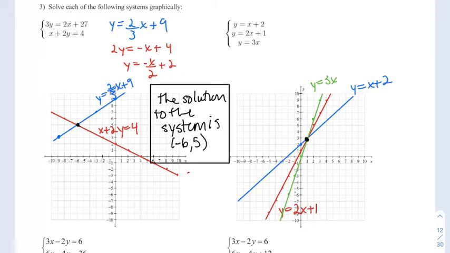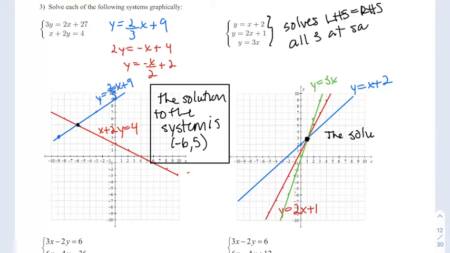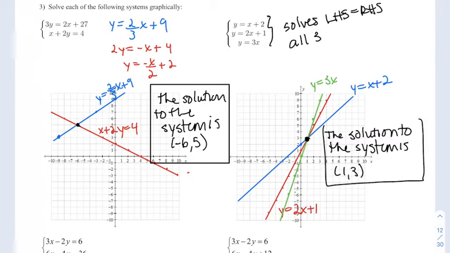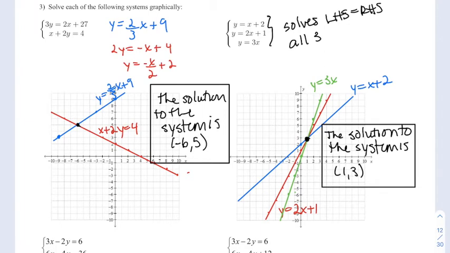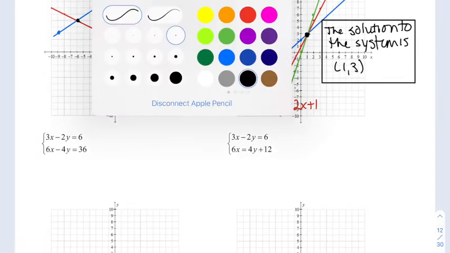As long as all three lines have one point of intersection, an xy value that solves all of these simultaneously, meaning left-hand side equals right-hand side for all three at the same time, we know that that is a solution to the system. All right, let's try these next two.